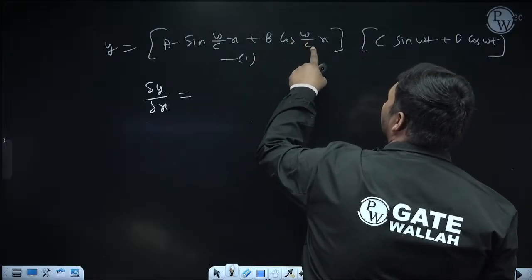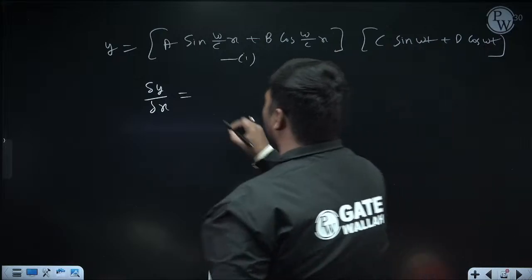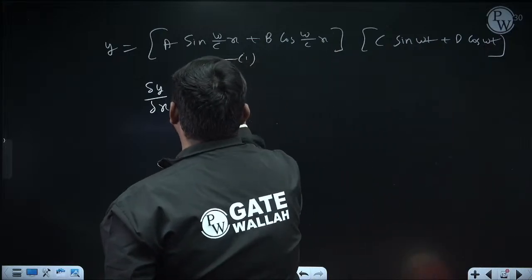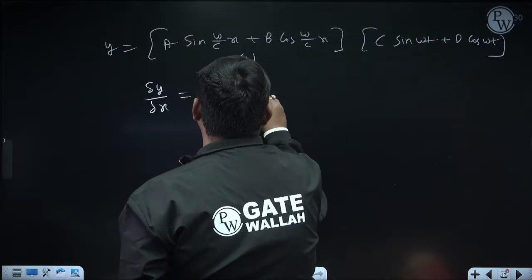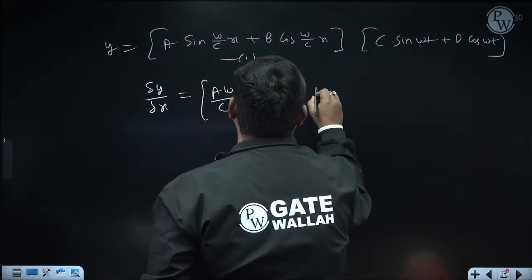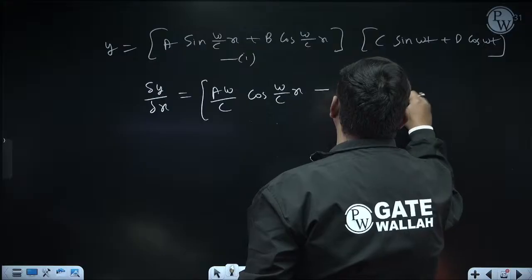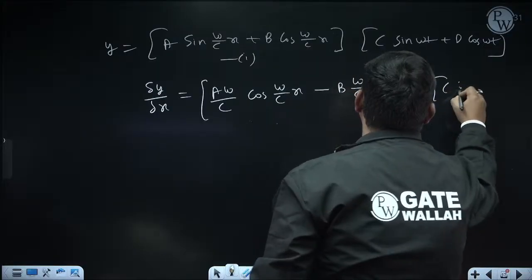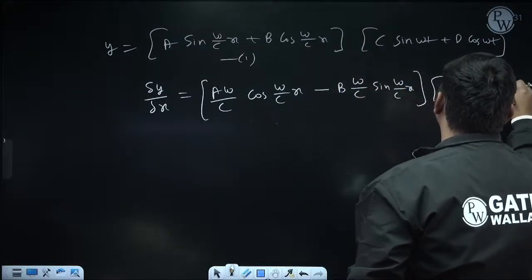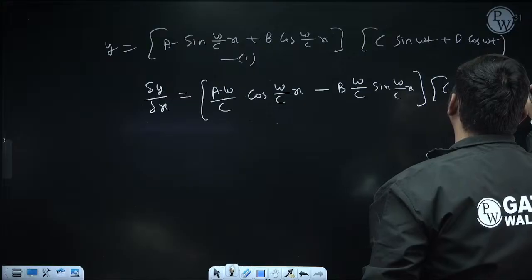So it will be (a omega by c cos(omega x by c) minus b omega by c sine(omega x by c)) into (c sine omega t plus d cos omega t).